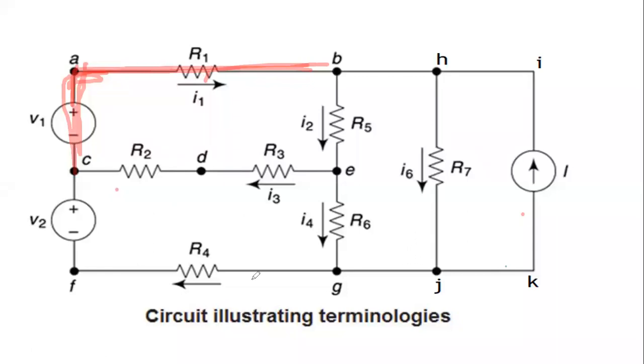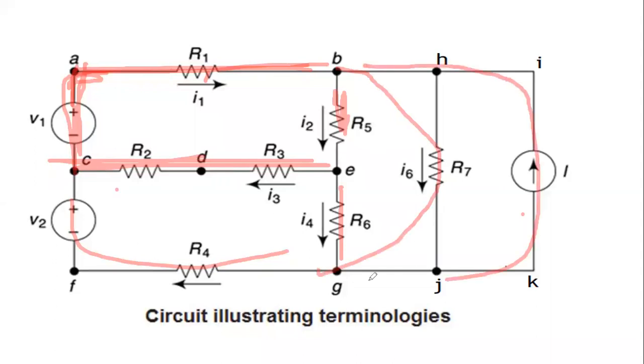So this is also one branch. This is also one branch. This is one branch. This is one branch. This one branch, and this one is another branch.